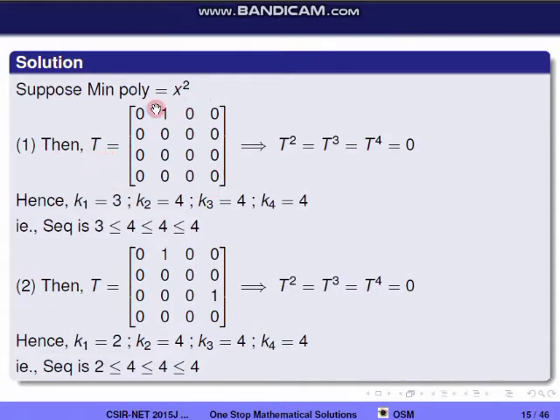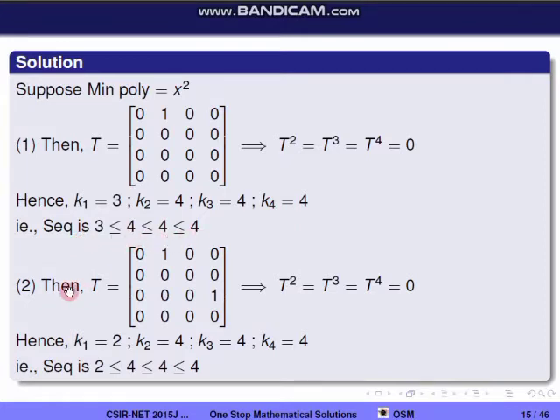Here we have a 2 by 2 order block and all other blocks are of order 1. So this implies T square, T cube, T power 4 is equal to 0. Hence K1 is equal to 3, the number of zero rows in T. K2 is equal to 4, K3 is equal to 4, K4 is equal to 4. So the sequence we got is 3 less than or equal to 4 less than or equal to 4 less than or equal to 4.